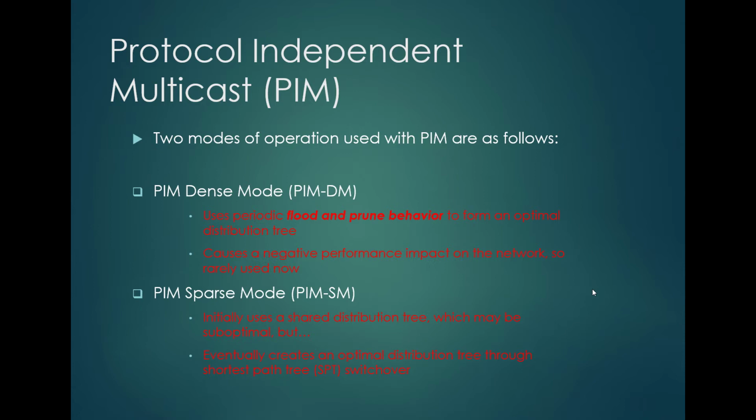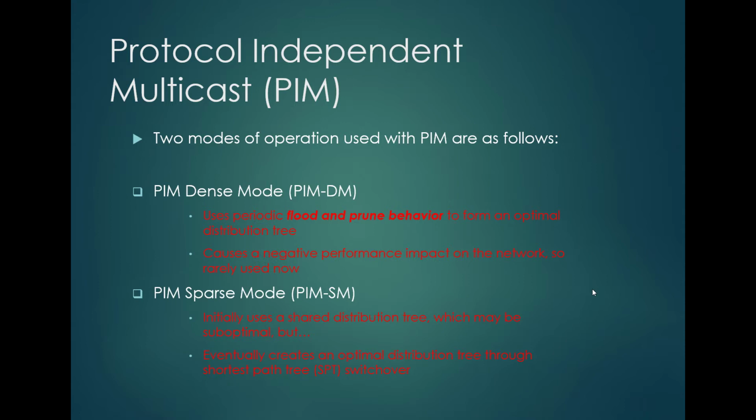The book goes into the two modes of PIM. PIM dense mode periodically floods and prunes to optimize distribution trees. This has a negative performance impact on the network, so it's rarely used.